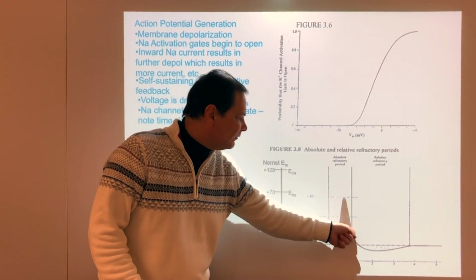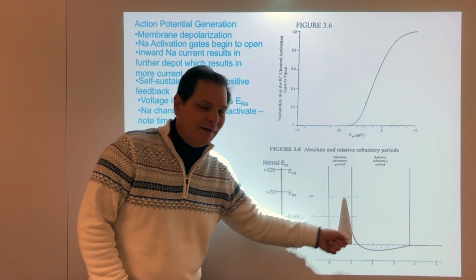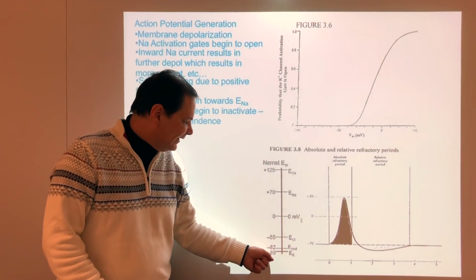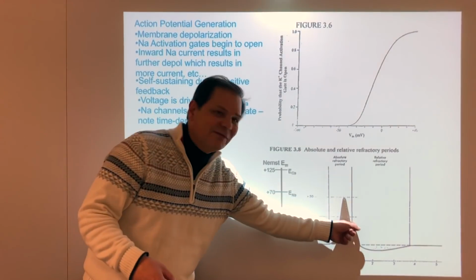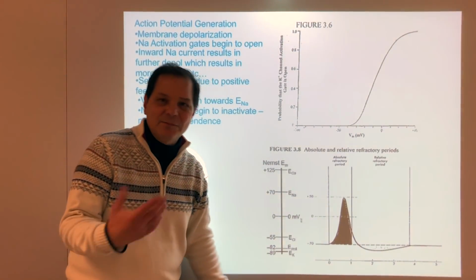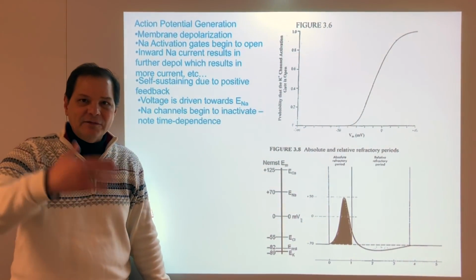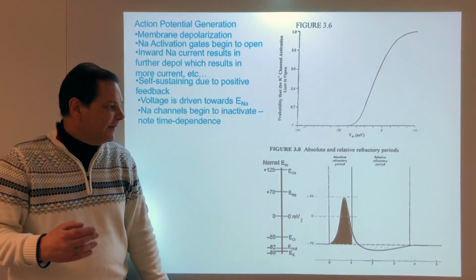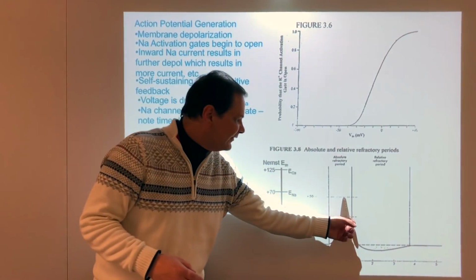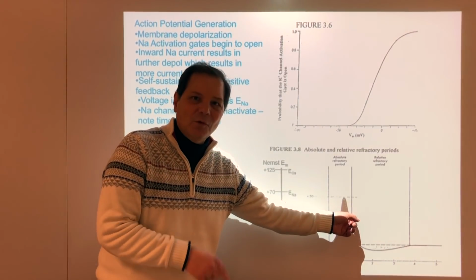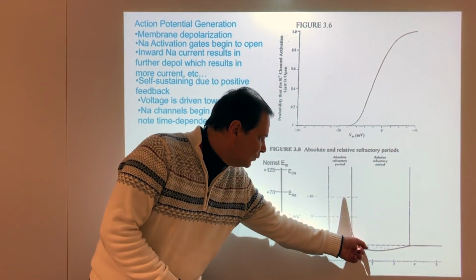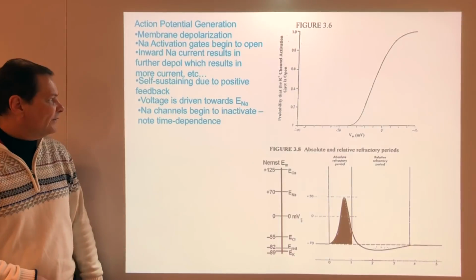At the same time, you're increasing the permeability to potassium and increasing the tendency to go toward minus 90. Positive charge leaving the cell during this downstroke, potassium going out, flowing from high concentration to low concentration, and that makes your membrane inside more negative, and you head toward rest, okay?